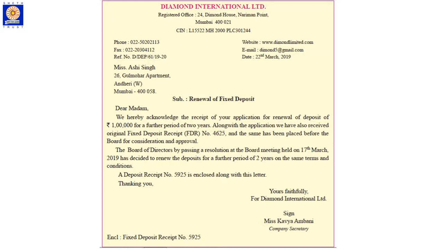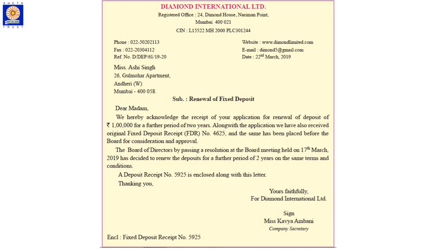Students, again, this letter is a response, and the reference is given about the fixed deposit receipt. When the depositor invests the amount for the first time, he receives a fixed deposit receipt which acknowledges that the depositor or the investor had invested in the company by public deposits.